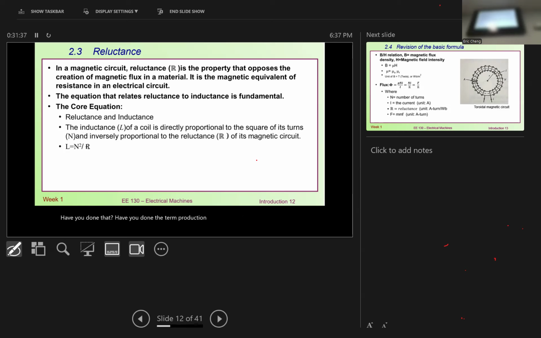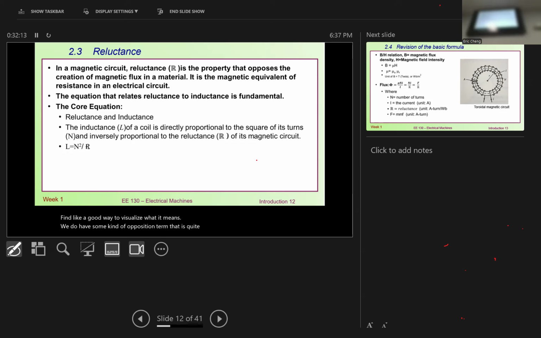In the context of circuit theory, it is just like the inverse of inductance. But I couldn't find a good way to visualize what it means. Okay. Reluctance is something similar to resistance, but in terms of magnetic circuits, we have some kind of opposition term that we call reluctance.